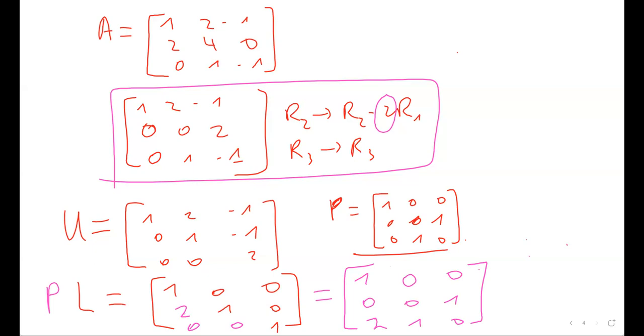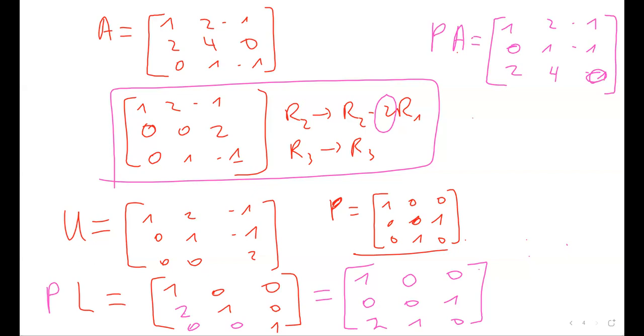Okay, if you do that, then now you have a PA. Your PA now is going to be 1, 2, minus 1, 0, 1, minus 1, 2, 4, minus 1, 0. Right?